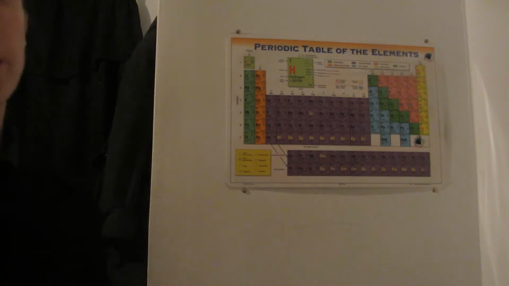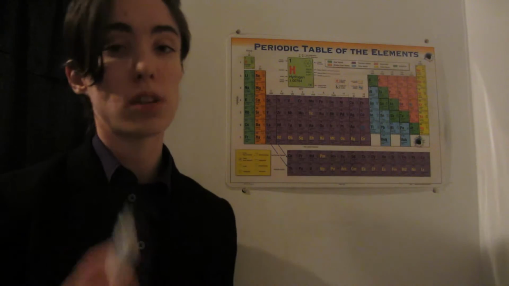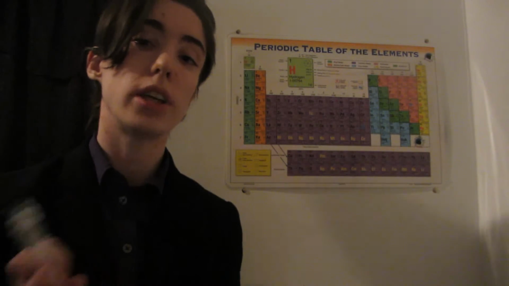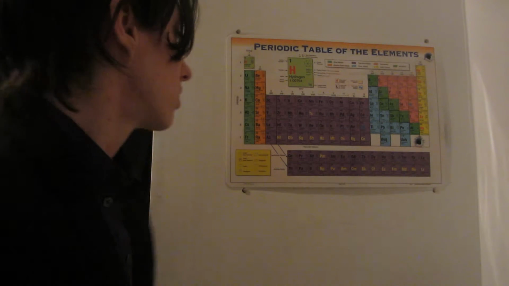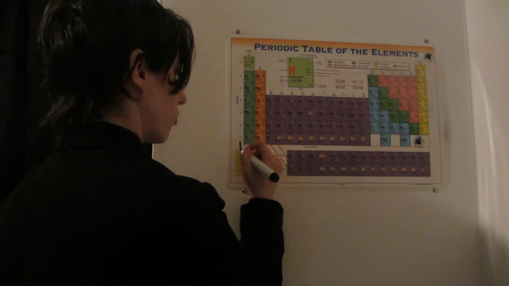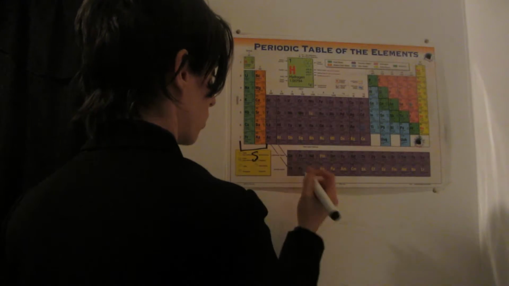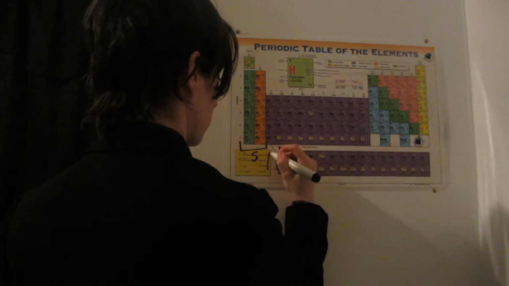Now, while we're here, I will define orbital sublevels, which will come into play later on when we discuss valence electrons and electron configuration. So, there are 4 orbital sublevels, 3 of which we will discuss.